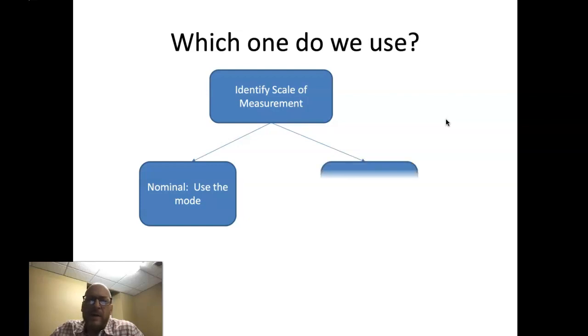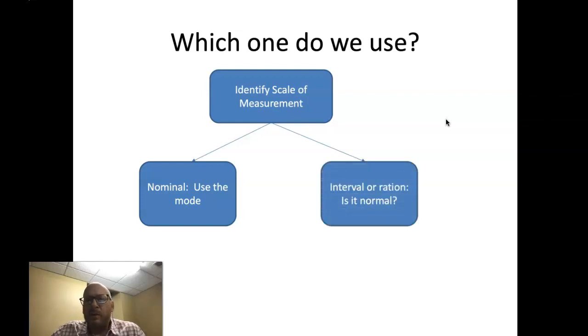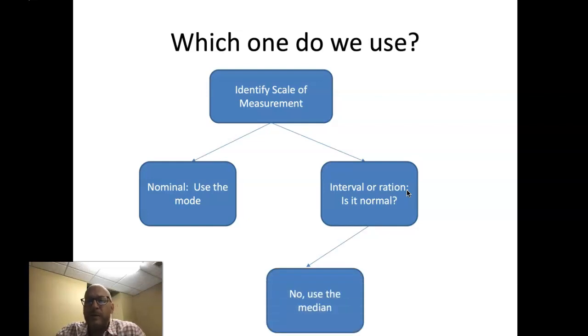When we identify the scale of measurement, if we get interval, or that should be ratio, not ration. If it's interval or ratio, well, then we ask, is it normal? If it's not normal, then we would use the median, because as I showed you with that one slide with the skewed distribution, the median tends to stay in the center of the distribution when it's skewed, unlike the mean.